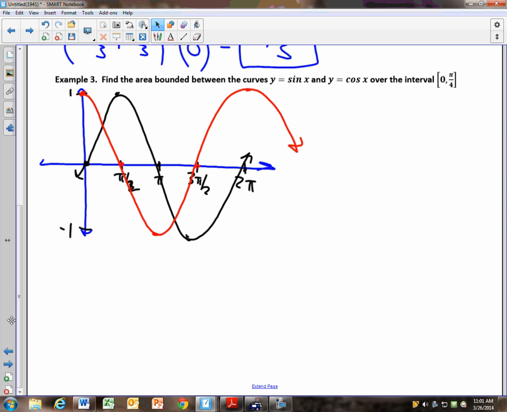So we are looking over the interval from 0 to pi over 4. That happens to be actually right where they're equal to each other. We don't have to prove that. It just is. Sine of pi over 4 is equal to root of 2 over 2. Cosine of pi over 4 is equal to root of 2 over 2. They both make those 45, 45, 90 triangles when we draw them.